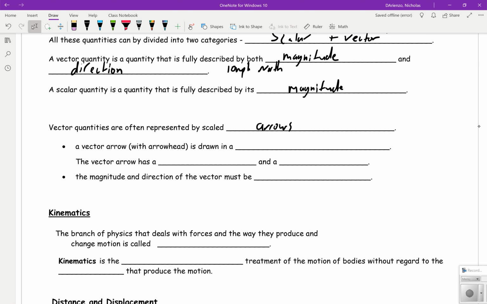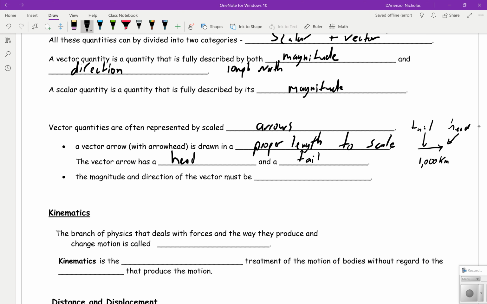A vector arrow with an arrowhead is drawn in a proper length to scale, where I could represent a particular line as long as it is to scale, and this might represent 1,000 kilometers. And that vector arrow is going to have two components to it, a head and a tail.